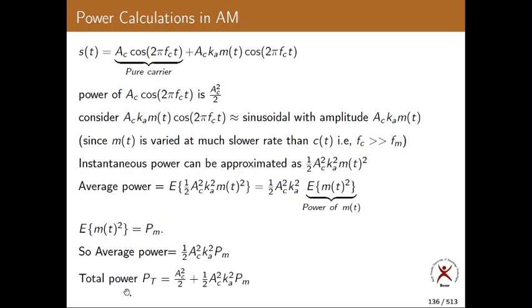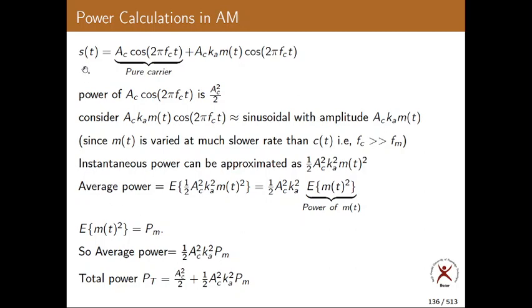So what is the total power? We have to find the power of s(t). That is nothing but the power of this signal plus the power of this signal. The power of this signal is Ac²/2. The power of this term we have just derived: 1/2 Ac² Ka² Pm.